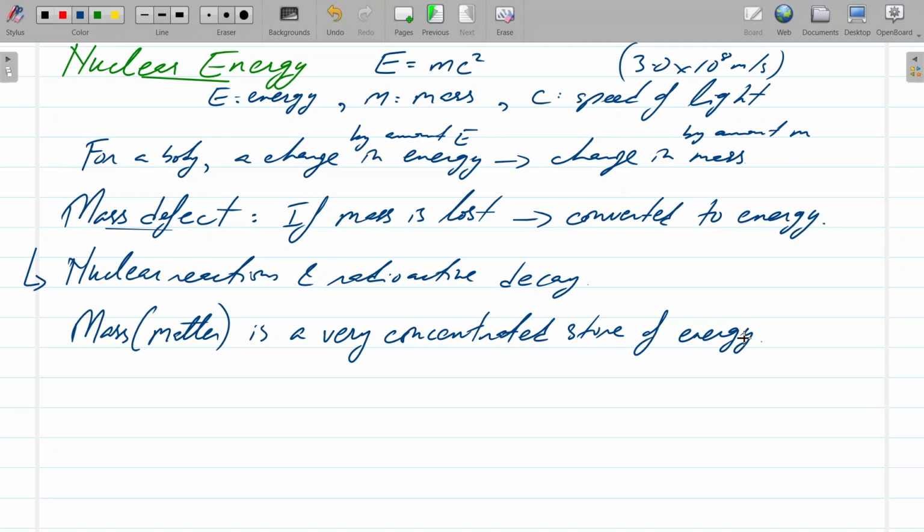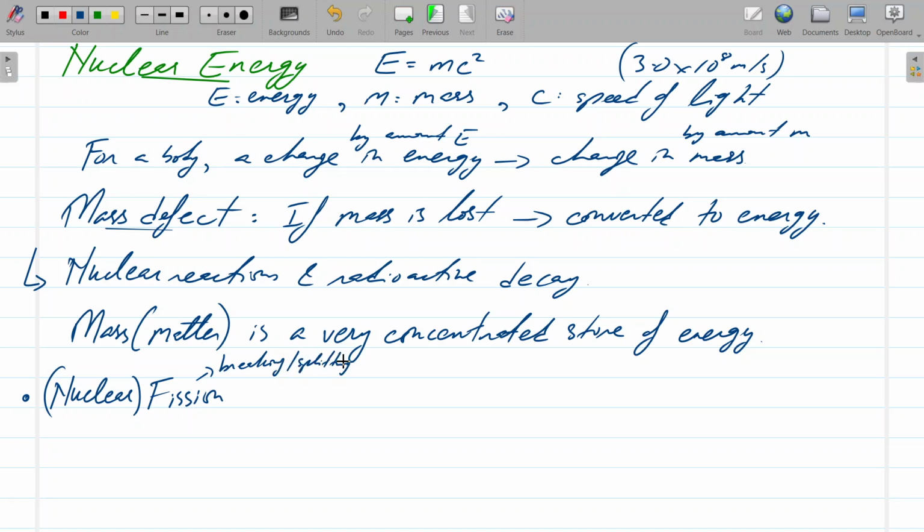Okay, with that understanding we come to nuclear fission, or just fission. So I'm putting nuclear in brackets. And what fission means is breaking or splitting.